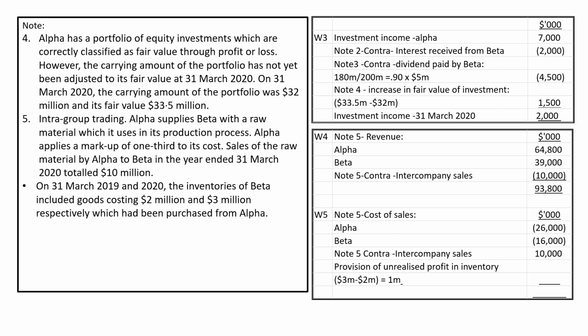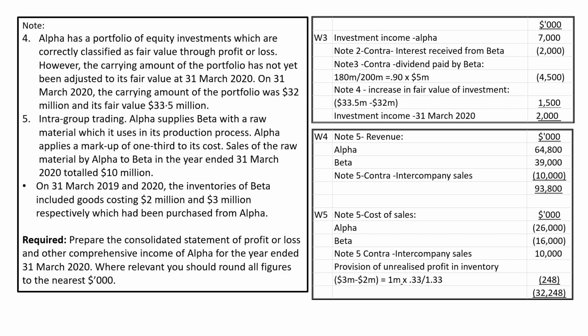So the way we do it is, again, take the 1 million increase multiplied by the profit element, which is 0.33 divided by 1.33, and this gives us a figure of 248,000 because we're asked to round up the figures. And that gives us a total adjusted figure for the cost of sales of 32.248 million.